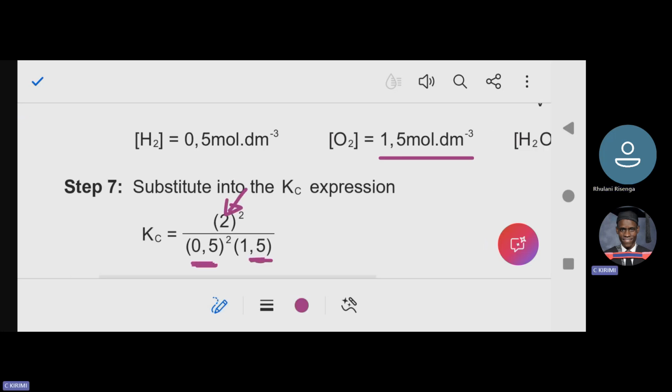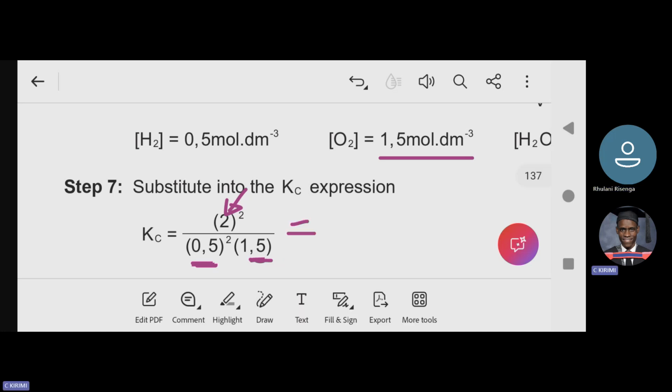Let's punch the numbers. It's giving me 10.667. So did you identify where your mistake was?